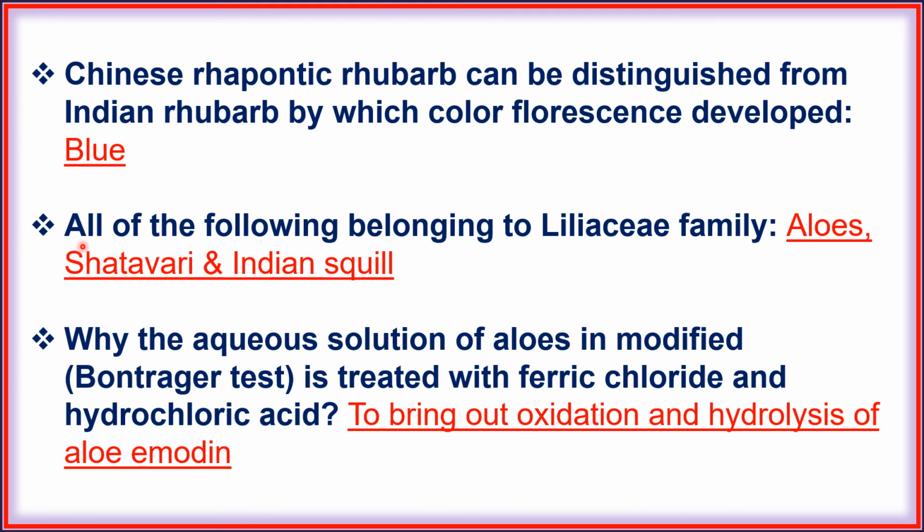Next, all of the following belong to Liliaceae family: yellow, shatavari, and Indian squill. Next, why the aqueous solution of aloes in modified Borntrager test is treated with ferric chloride and hydrochloric acid, to bring out oxidation and hydrolysis of aloe.